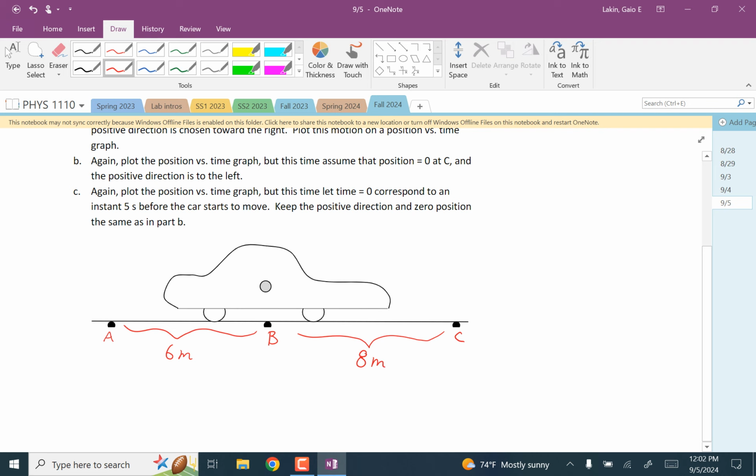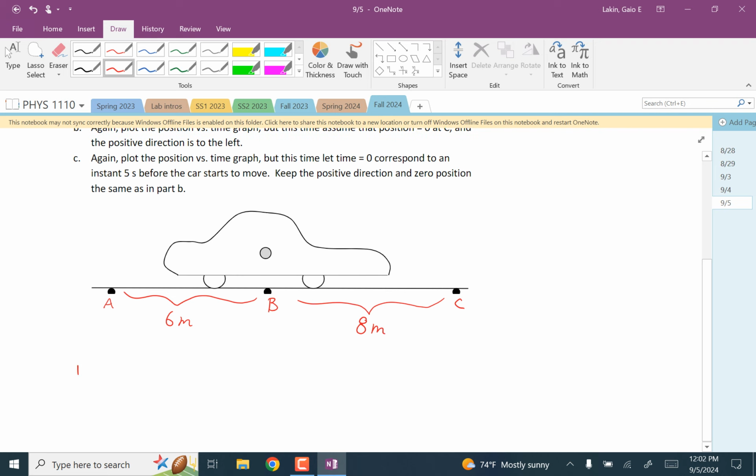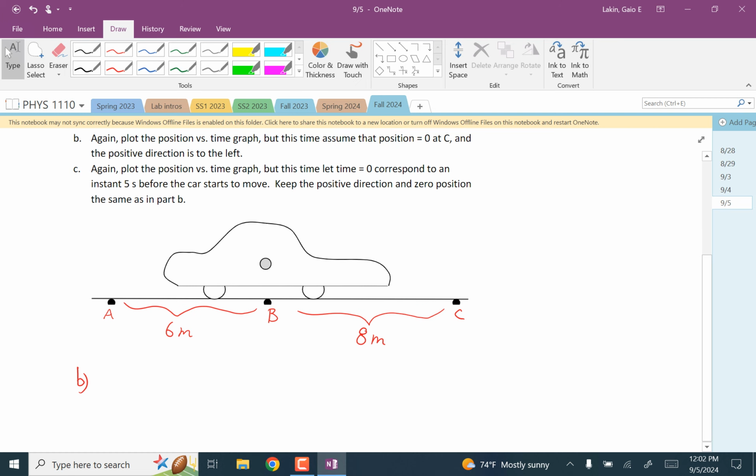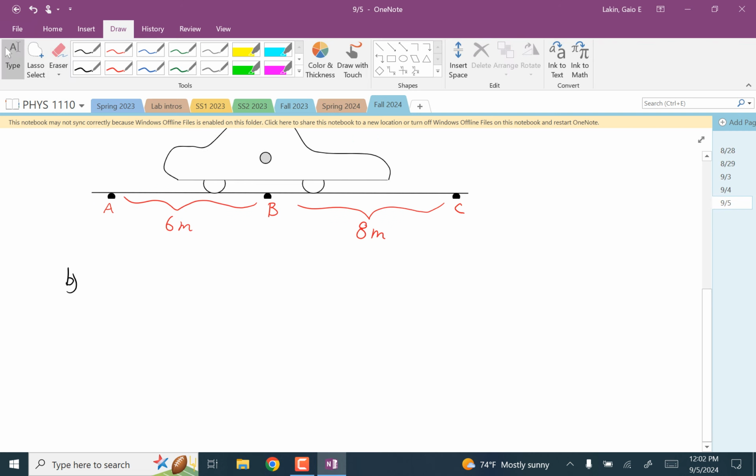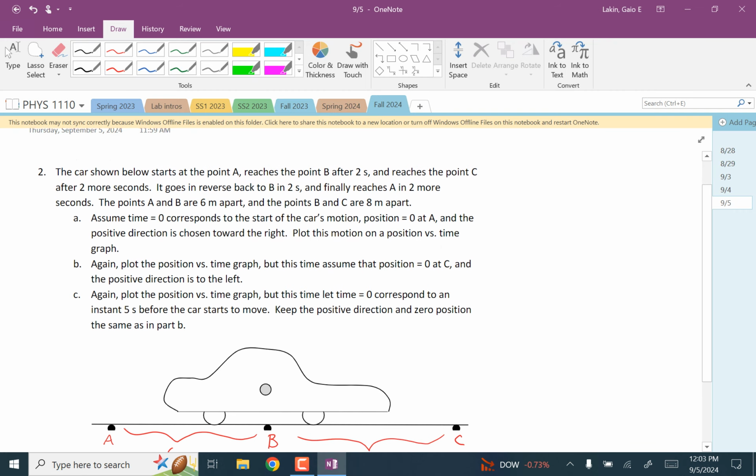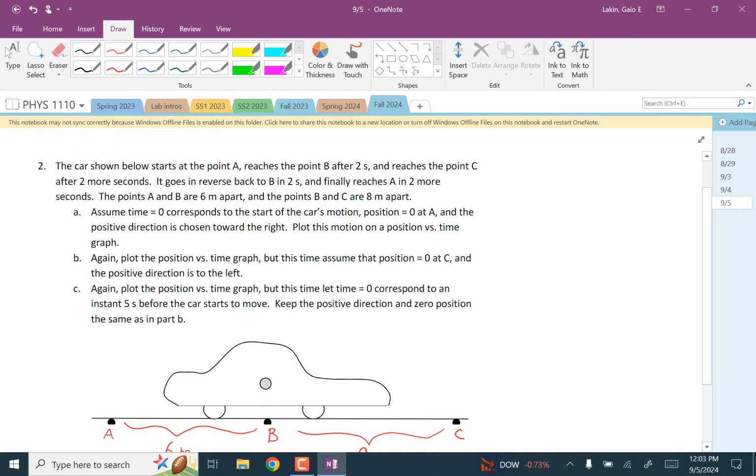And so for part B, we're assuming that the 0 position is at C. So I'm going to just sketch sort of a diagram of the motion. It starts here, goes there in 2 seconds, there in another 2, there in another 2, and does it end back at A?